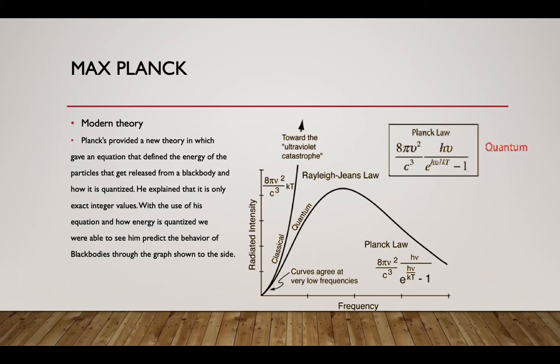But as we see, they begin to split off, and we can see the differences and why the quantum theory is much more agreeable, much more plausible, and it shows how mathematically it would explain the eventual behavior of blackbody radiation.